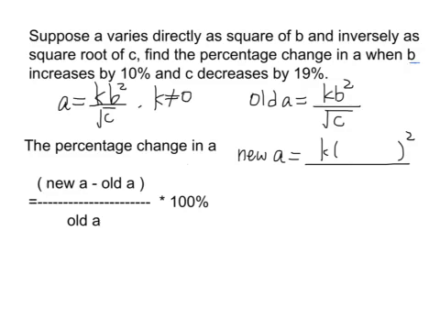I know that B increases by 10%, right? So this is 1.1 B, over the square root of the new C. C has decreased by 90%. So 100% minus 19% is 81%, which is 0.81 C.